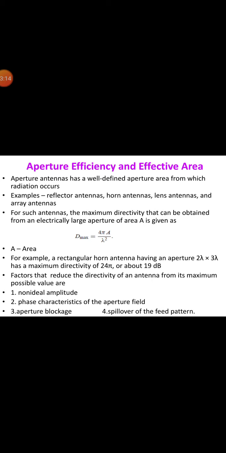For example, a rectangular horn antenna having an aperture of 2λ × 3λ has a maximum directivity of 24π, or about 19 dB. Factors that reduce the directivity of an antenna from its maximum possible value are non-ideal amplitude and phase characteristics of the aperture field, aperture blockage and spillover of the field pattern.